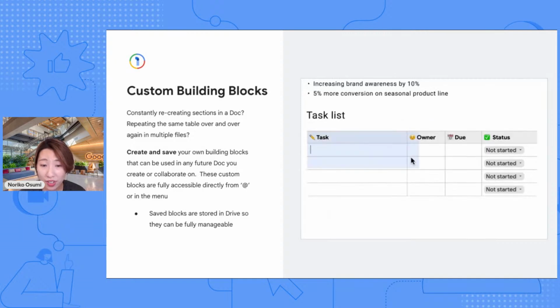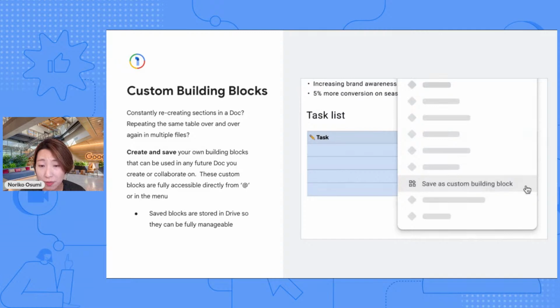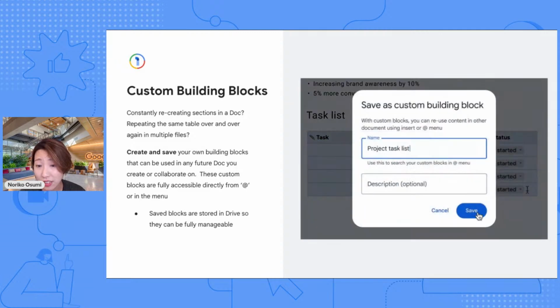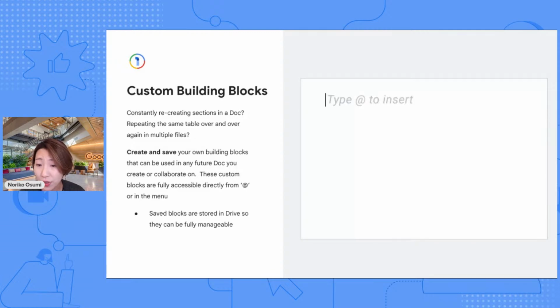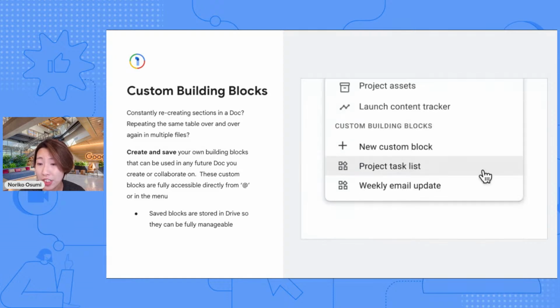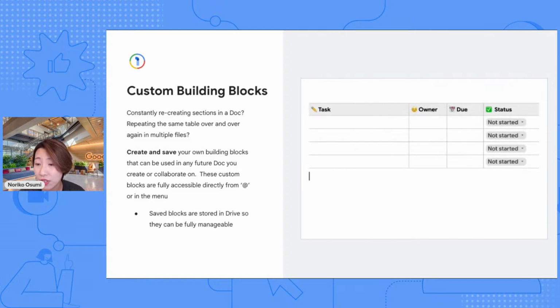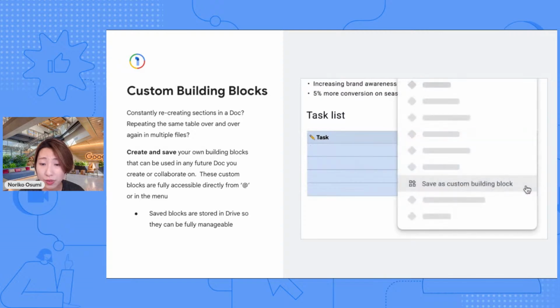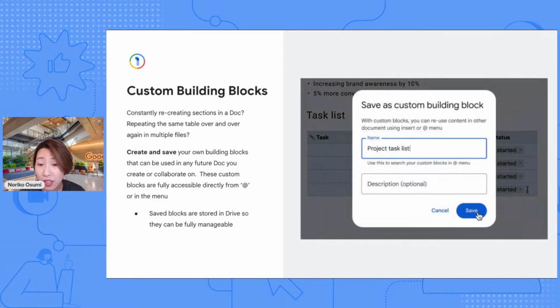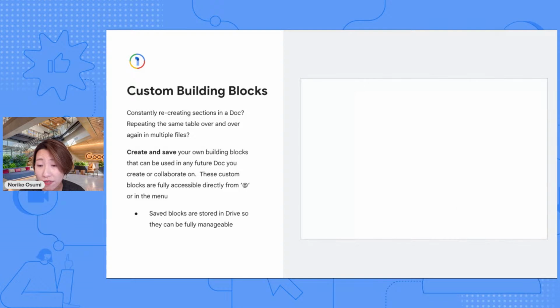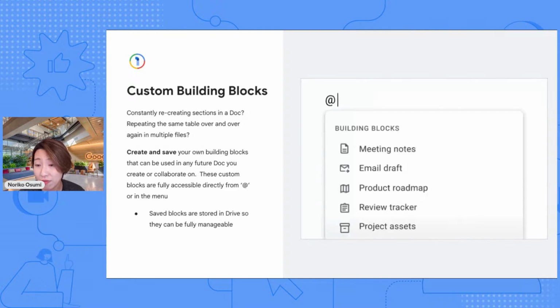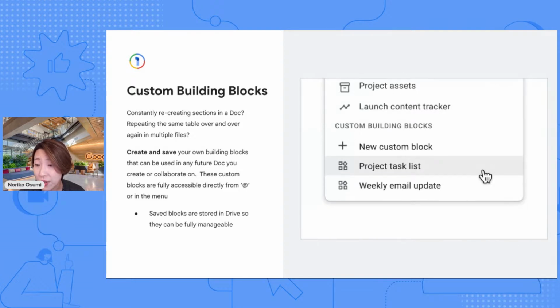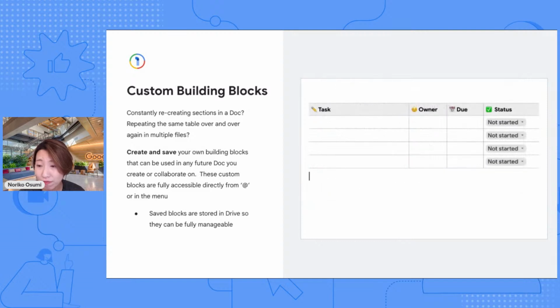Well, we've also built into the custom building blocks feature the ability for you to fully manage that building block as well. So for whatever reason, let's say you don't need that building block anymore, you don't want to clutter the list of building blocks that you have available for you to actually use, you can go and delete that exact building block.